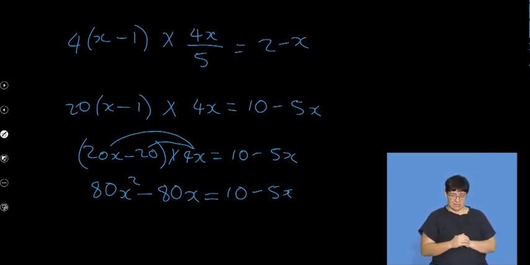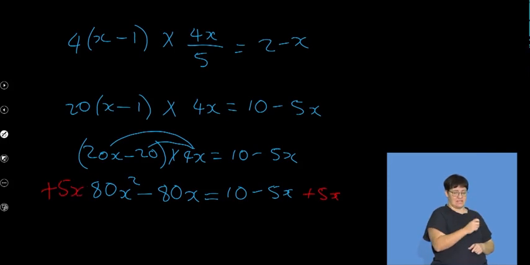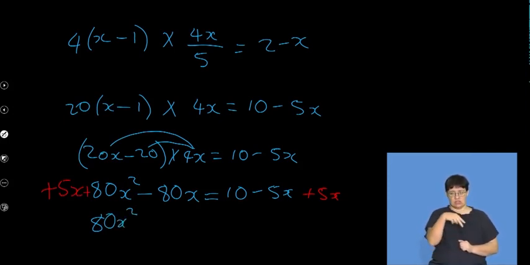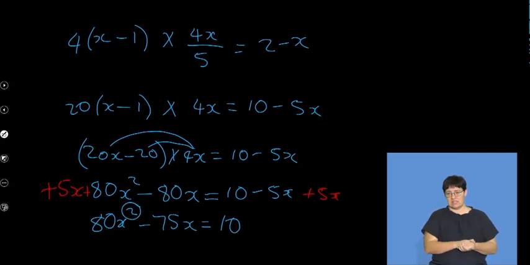So it means I must add 5x there. I must also add 5x here. So that will then give me 80x squared minus 75x equal to 10. Now from here you can see I have a squared there, so it changes this thing completely.